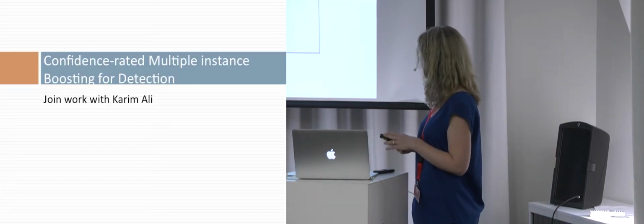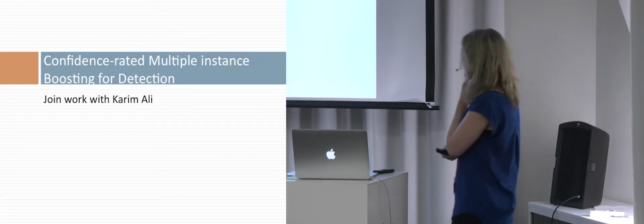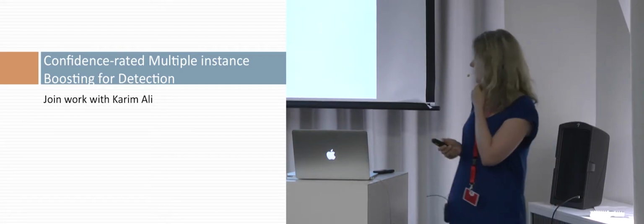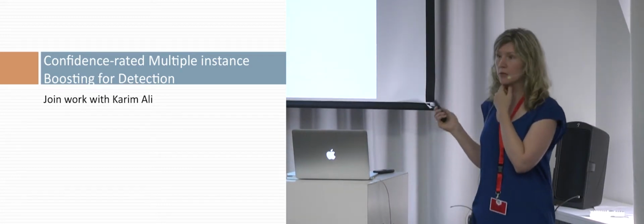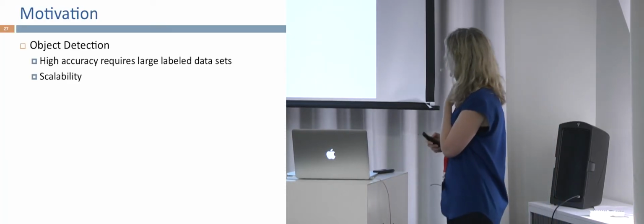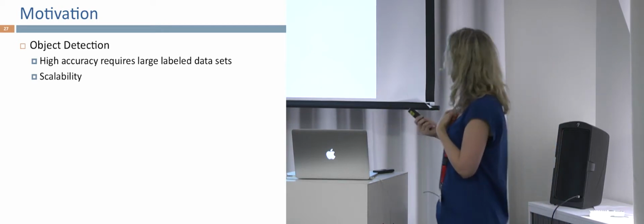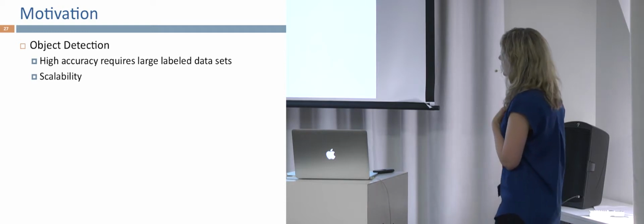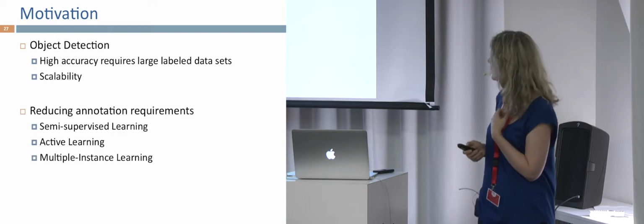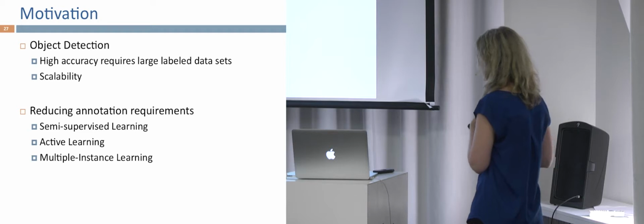Okay, so the first method that I'll talk about is called confidence rated multiple instance boosting for detection. This is joint work with Karim Ali, who's a postdoc working with me. As I already said, we want to do object detection, and we need a lot of labeled data, but we don't want to manually label all of it with bounding boxes, so we want to reduce the requirements for annotation.